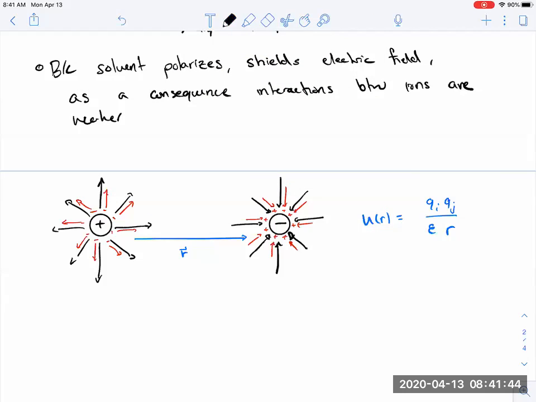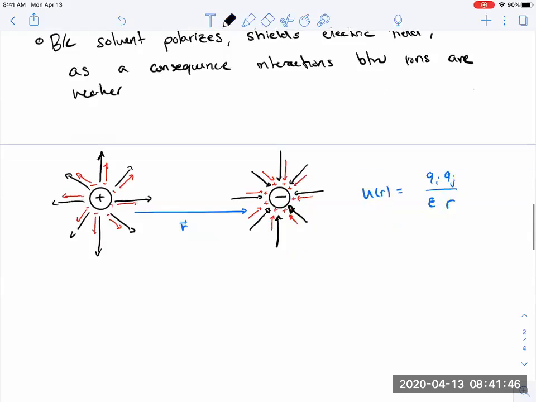So that's a little bit of intuition that'll help us now address our next question, which is how ions arrange themselves in space. And that is really a discussion of something called screening.